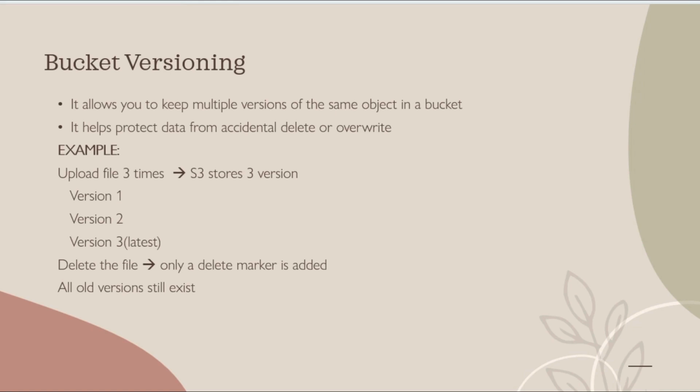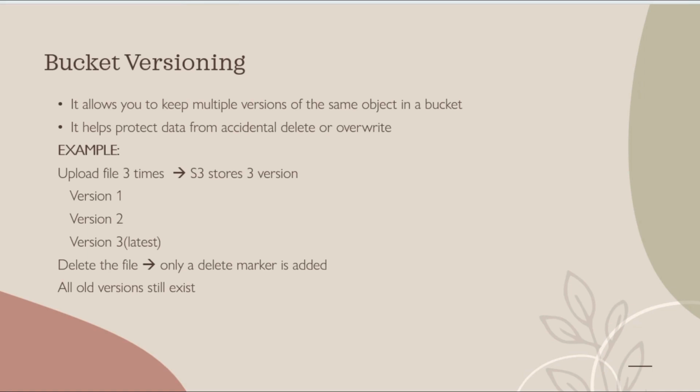But if the versioning is enabled and I upload a file with the same name, it will not overwrite the file, which means the old version of the file is also present in the bucket, and the new version of the same file is also present in that bucket. So it will help us to protect that data from accidental deletion. Suppose someone deletes the object in a versioning enabled bucket, it will not permanently delete the object.